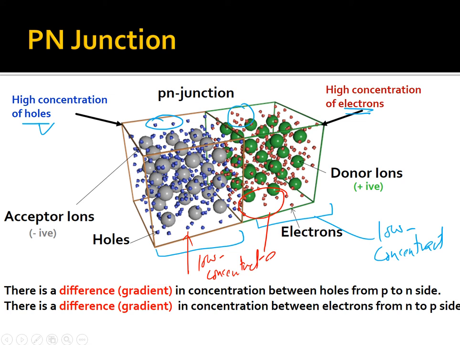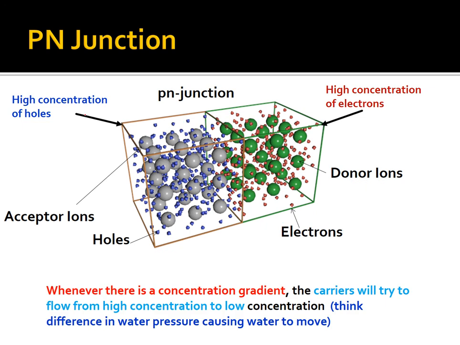Okay, so this is the basic gradient principle. For example, water will flow from a high level to a low level. Here we have a high concentration of holes, and here we have a high concentration of electrons.